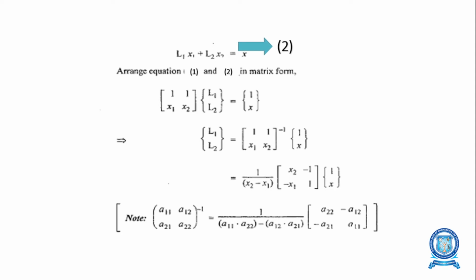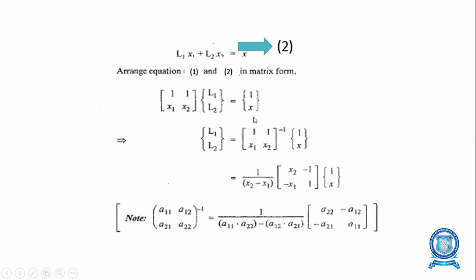We arrange the equations in a matrix form. The matrix of 1 1, x1 x2, into the vector of L1 L2, is equal to the vector of 1 and x. How do we get this matrix?